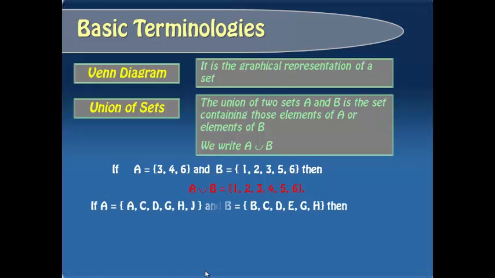Another one. If A = {a, c, d, g, h, j} and set B = {b, c, d, e, g, h}, then A ∪ B = {a, b, c, d, e, g, h, j}.